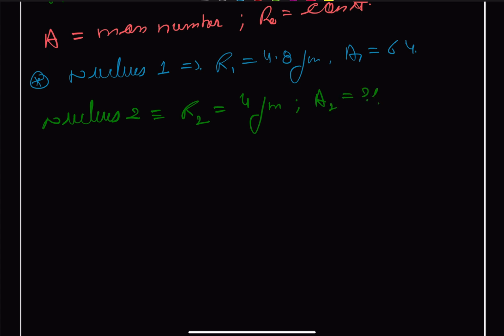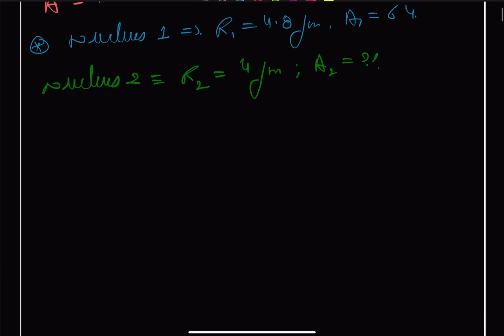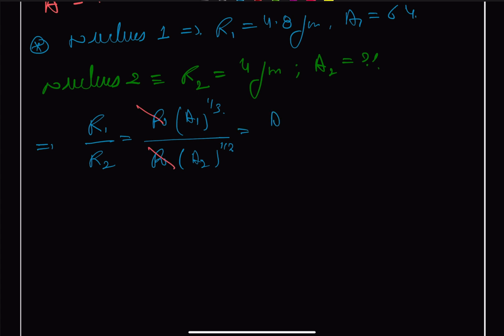We are simply going to take the ratio as per the formula. So r1 upon r2 will be equal to r naught A1 whole raised to the power 1 by 3 upon r naught A2 whole raised to the power 1 by 3. R naught and r naught cancel out, so this comes as A1 upon A2 whole raised to the power 1 by 3.